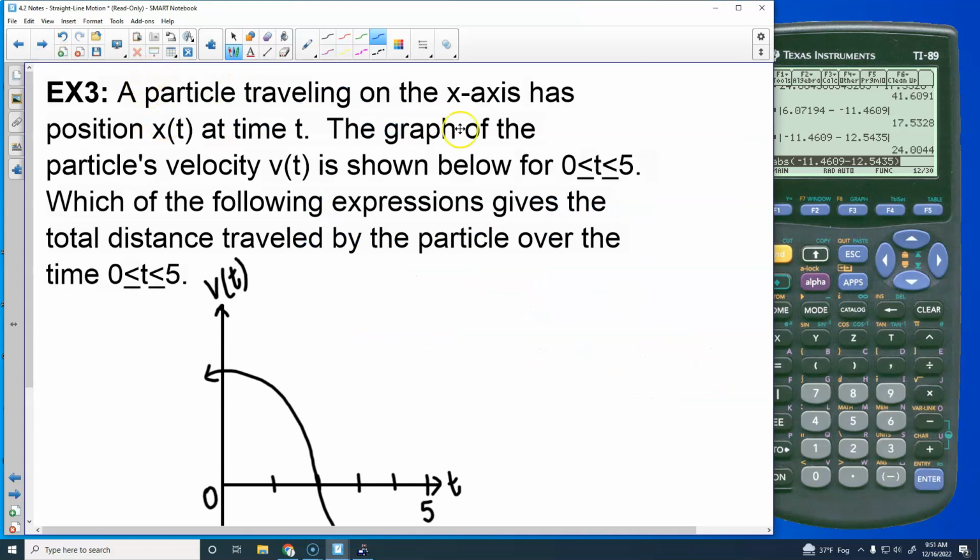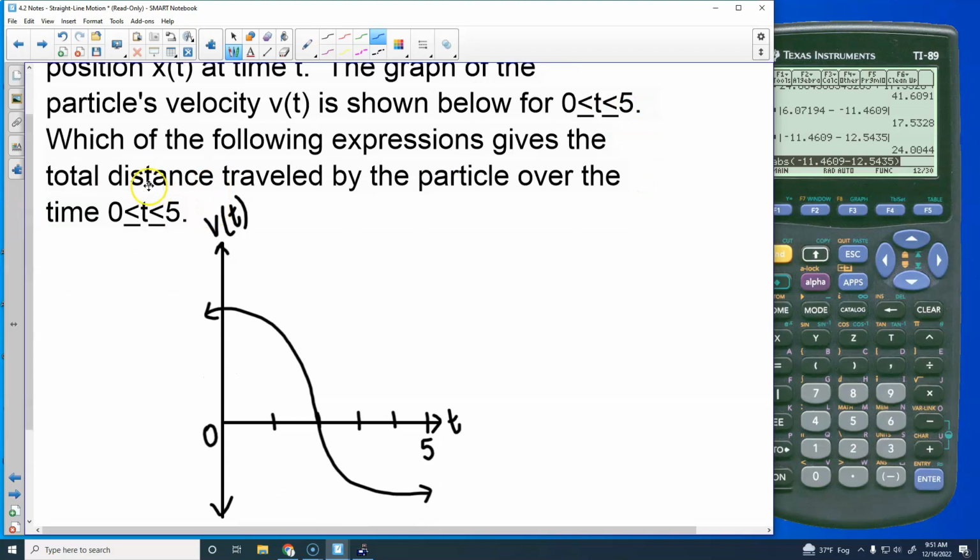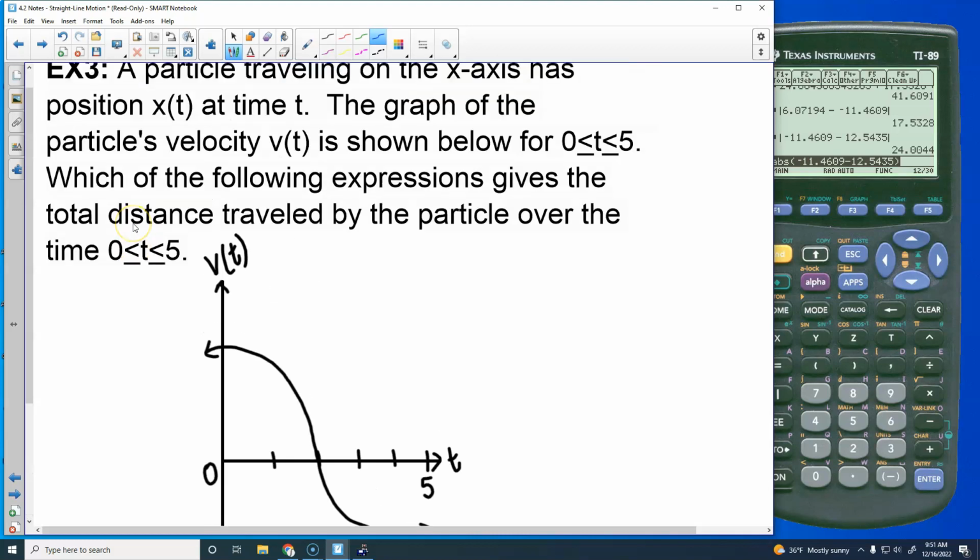Okay. A particle is traveling on the x-axis and has a position x at time t. The graph of the particle's velocity v is shown. Which of the following expressions gives the total distance traveled by the particle over the time from 0 to 5? I think I copied this from multiple choice.